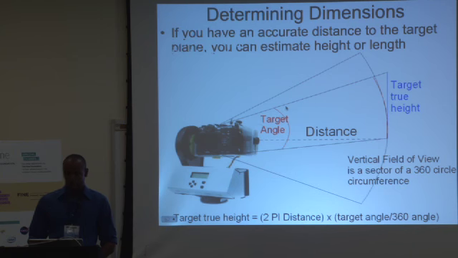And the ratio between the two is equal to the target angle divided by 360 degrees. So the target angle is a sector angle, and 360 degrees represents the full circle. So here we just have 2 pi times the distance, which would be the radius of this imagined circle. And then we're taking the percentage of that circumference to find what the actual distance of that sector is.